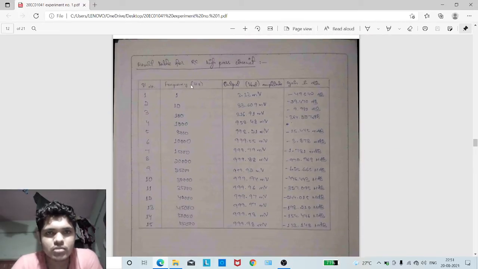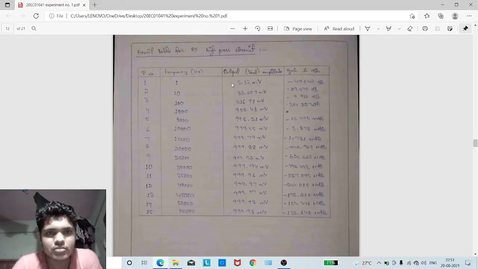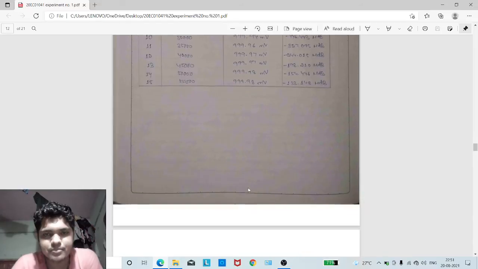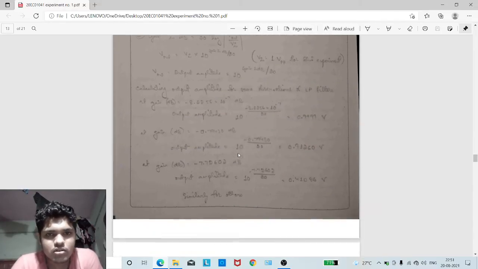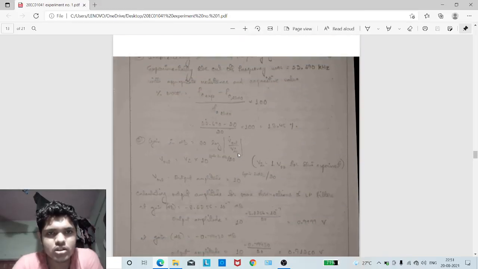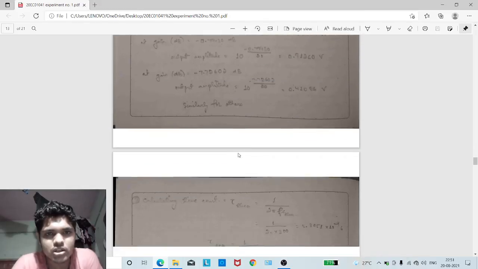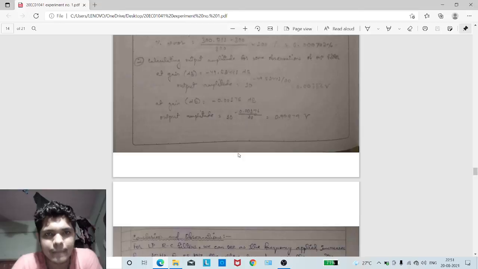And here is the high pass filter: as the frequency is increasing, the output voltage amplitude Vout is also increasing, in millivolts. So I think the calculation part here has been repeated.